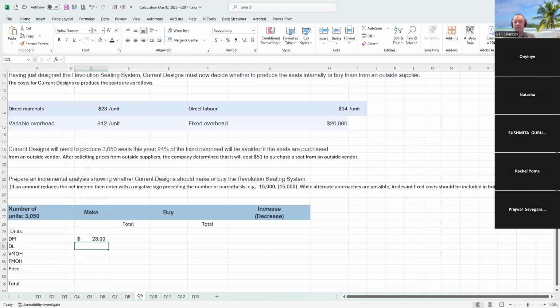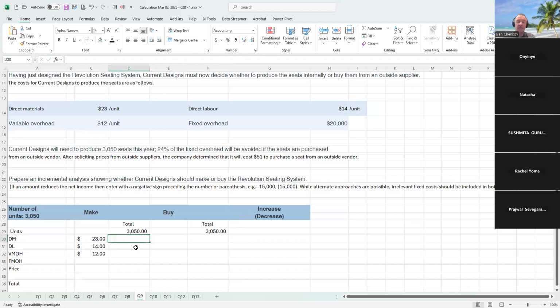Direct labor, I have $14. Variable overhead, I have $12. And fixed overhead, I have 20,000. Now, how many units do I need to make? We're talking here about producing or buying 3,050 units.